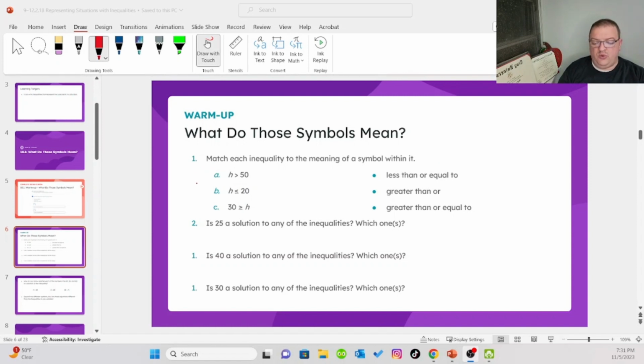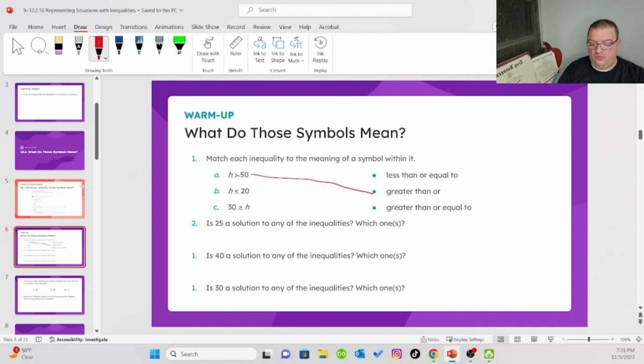And one thing you want to understand is that we are reading from left to right just like we would in an English class. So we would read this as H is greater than 50. So this would match this one.